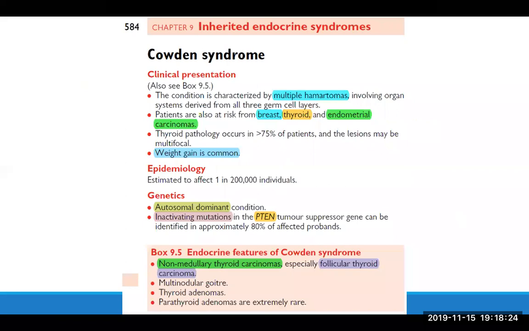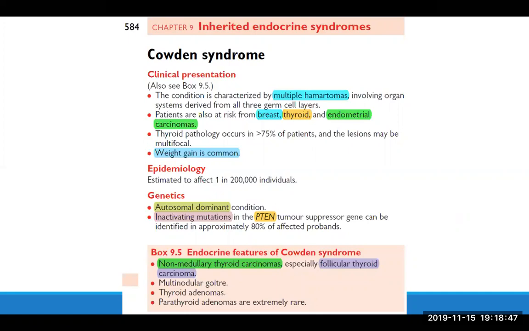If we see a scenario involving the breast, thyroid, and endometrium, with adenoma or carcinoma or a benign lesion, you must suspect Cowden syndrome. Cowden syndrome is autosomal dominant, and genetically it is an inactivating mutation of PTEN. PTEN is a tumor suppressor gene.